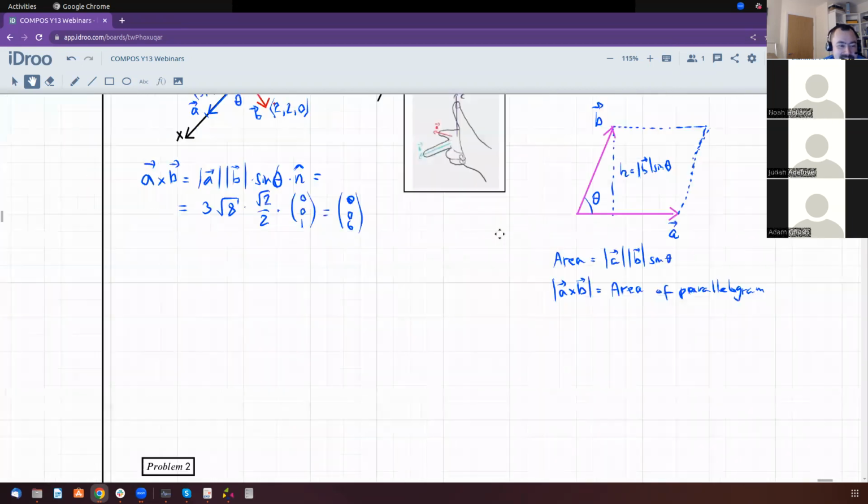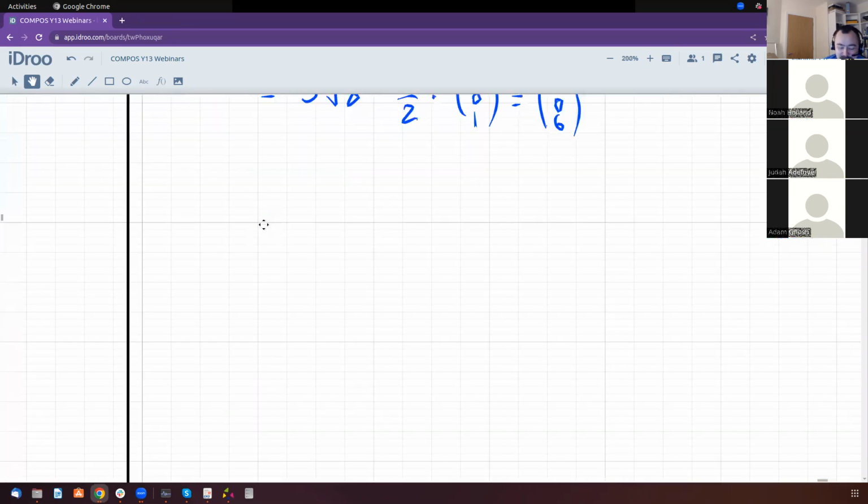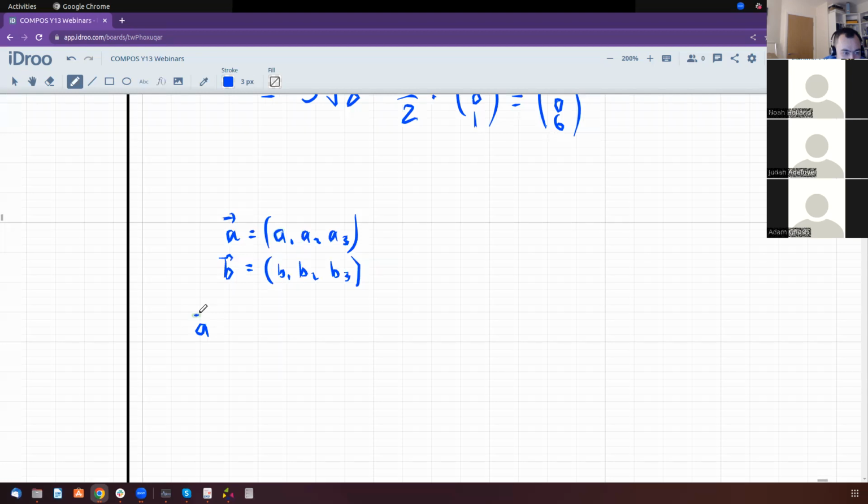So you can just say, if you have vector A, which has coordinates A1, A2, A3, and you have vector B, which is B1, B2, B3, then the cross product of the two vectors, A times B, is the determinant of a matrix.